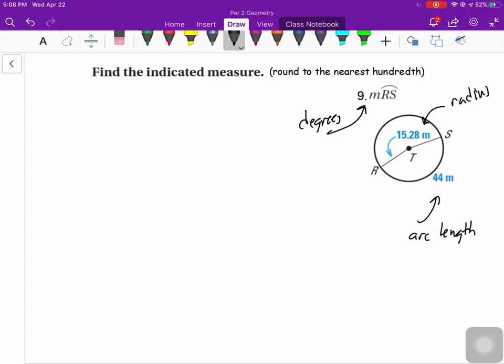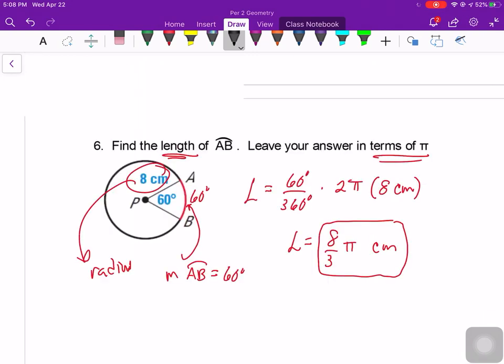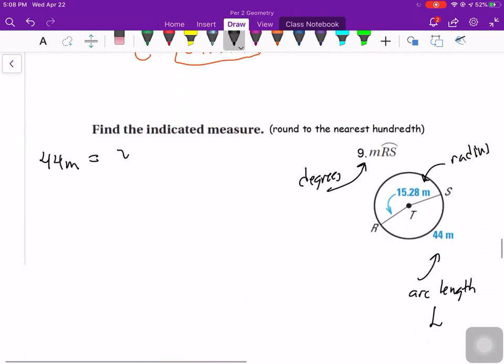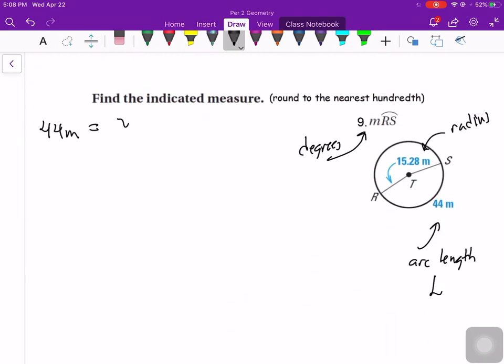So in our arc length formula, we know the L, 44 meters. We don't know the fraction of the circle, so we're going to put x over 360. And then, of course, we know the 2 pi, and we know the r.